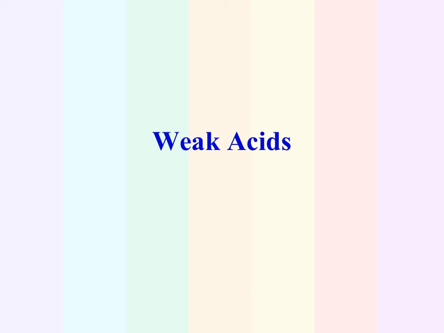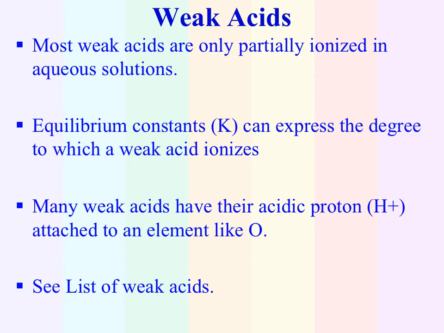Let's go ahead and take a look at weak acids and their properties and behaviors in solution. The most pertinent fact about weak acids is that when they are in solution, they're only going to be partially ionized. This is obviously in direct contrast with the strong acids that we've previously discussed.